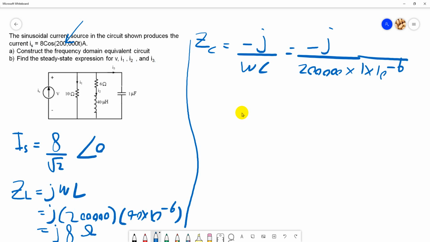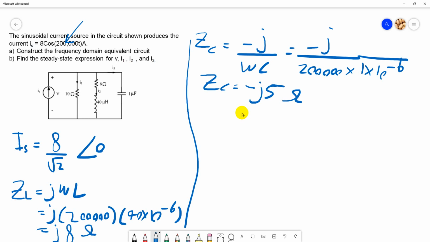So what is the answer? ZC is, so the answer is negative j5 ohm.